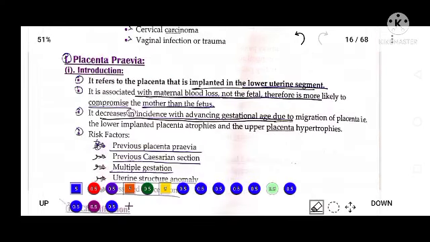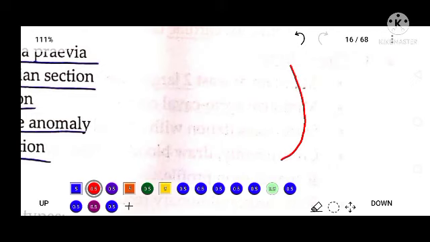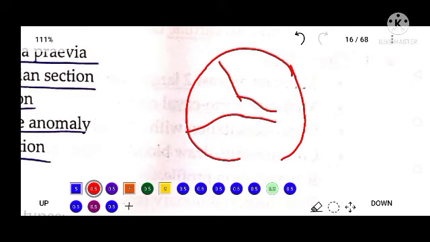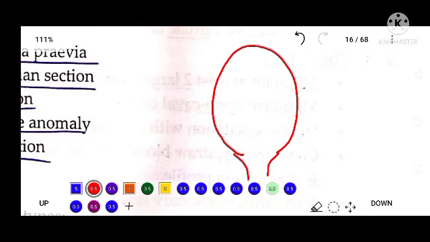Now, placenta previa. It is a condition in which the placenta is implanted in the lower uterine segment. What happens normally? Placenta is implanted here in the uterus, but in placenta previa, what happens? This is the uterus. This is the cervix. Placenta is implanted here at the mouth or neck of the cervix, because normally the baby delivers from here.